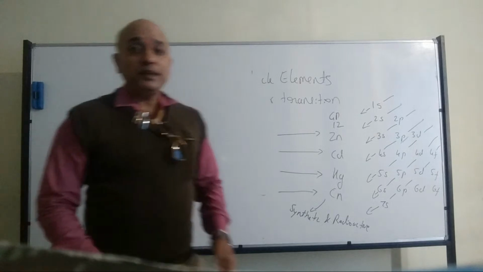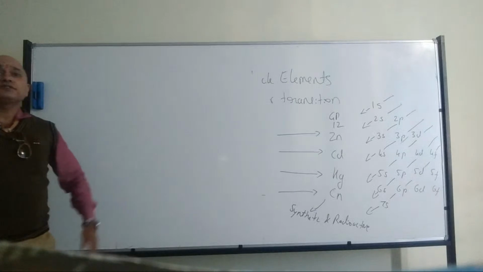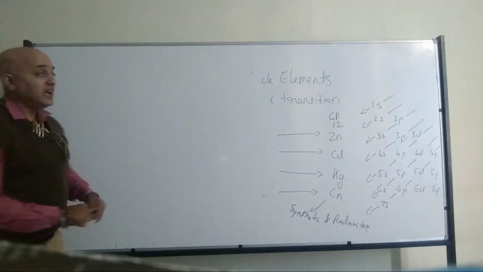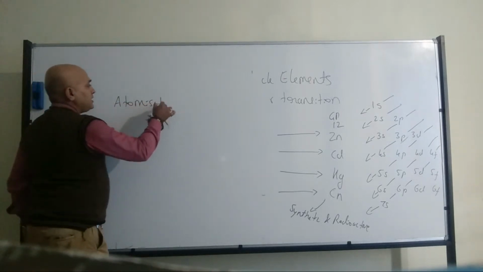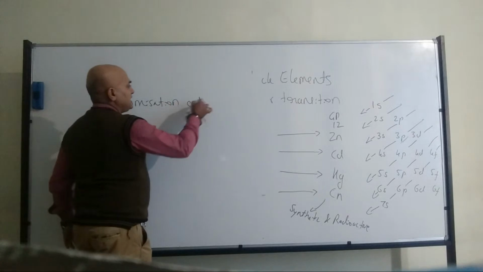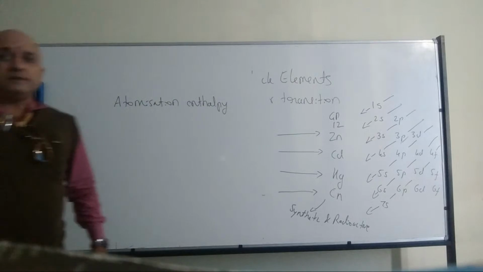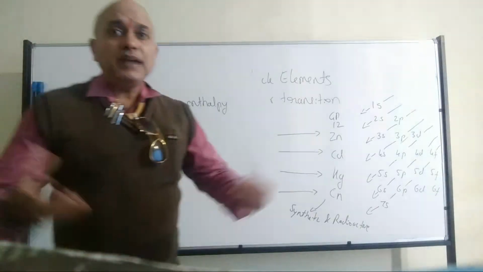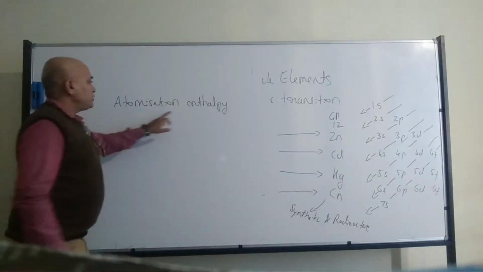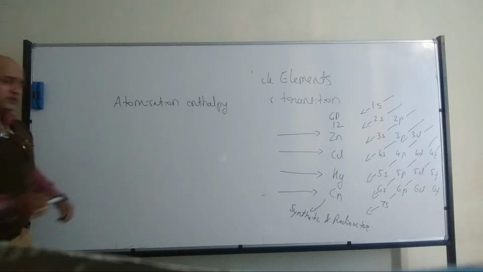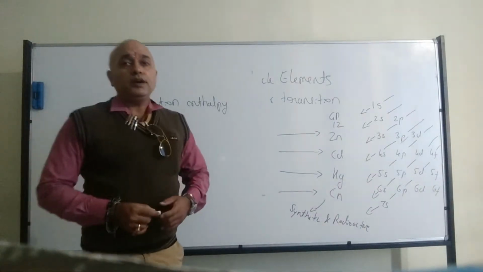Atomization enthalpy means the amount of energy required to separate the atoms from each other, because in a solid state many atoms are together. Along with that, they have a higher melting point.